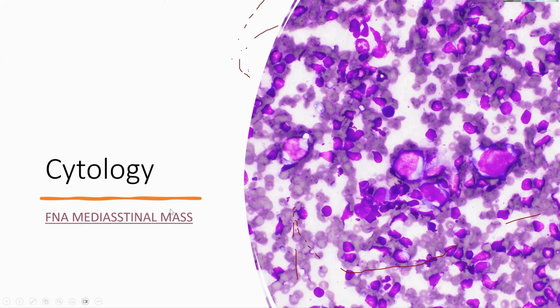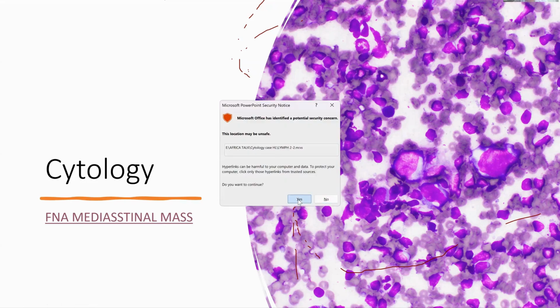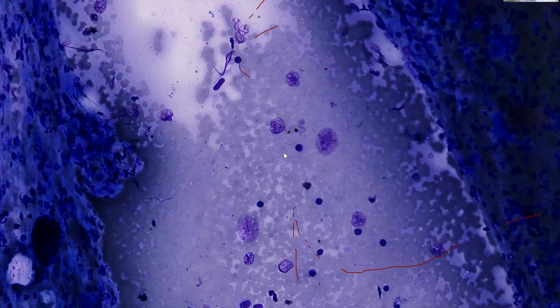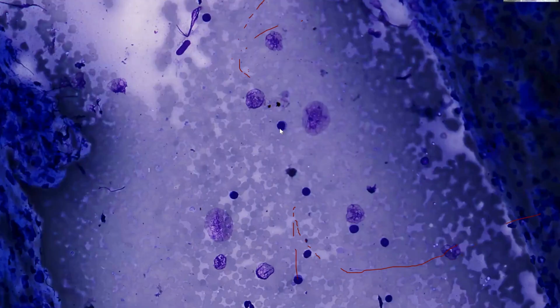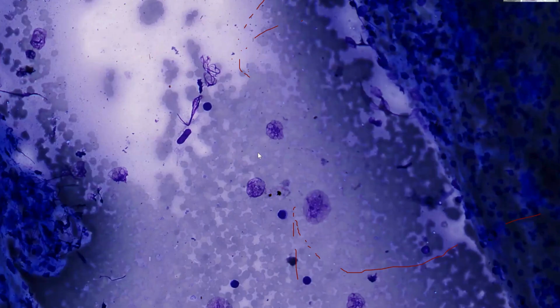This is an example of a case where a smear was more or less sufficient to diagnose Hodgkin lymphoma. We can see the smear is moderately cellular, and we can see these large cell populations, some of which are mononucleated.